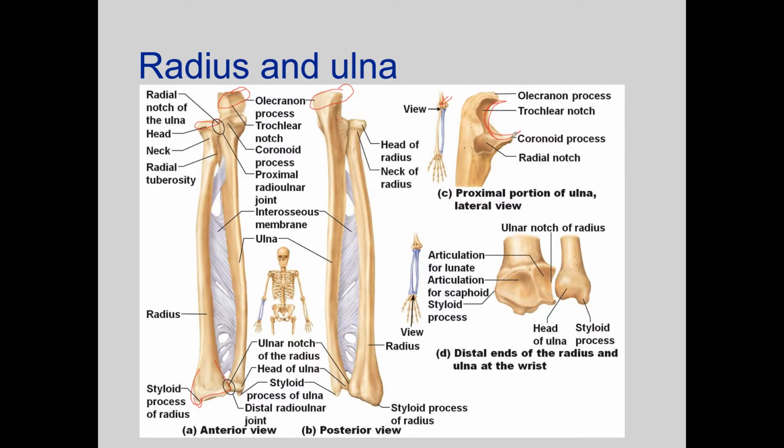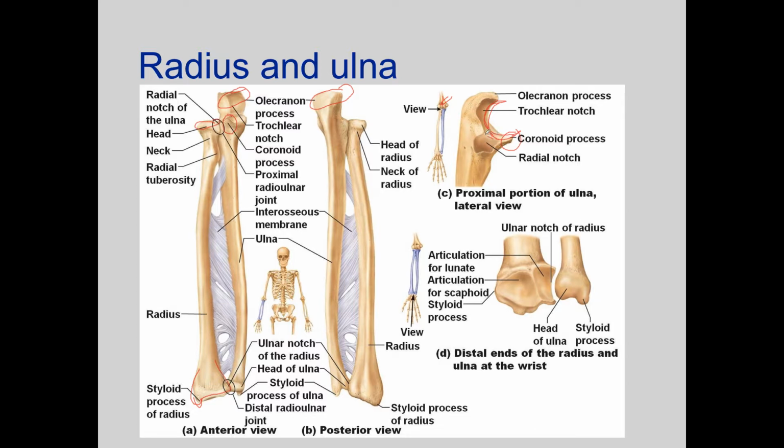The other side of the notch is the coronoid process, so just right there and just right here, and that articulates when your elbow is bent with the coronoid fossa of the humerus. So that's why those things are named that.